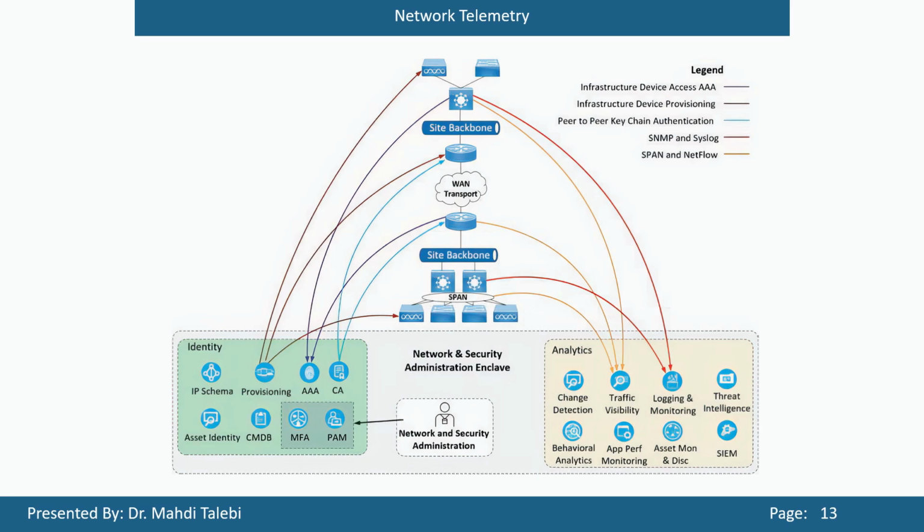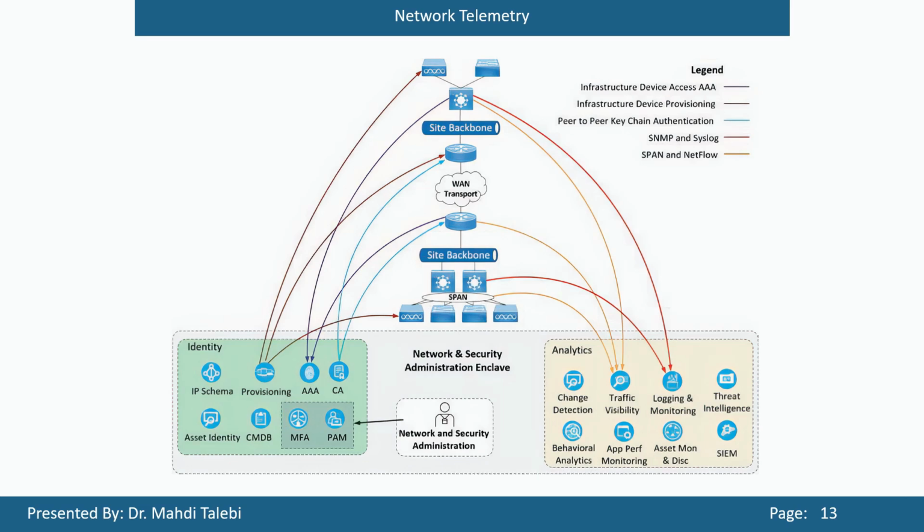Moving outward, the Network and Security Administration enclave is central to the oversight and management of the network. It links important administrative tasks with security operations, highlighting the integration that modern networks require. This enclave controls elements like user authentication and device configurations.